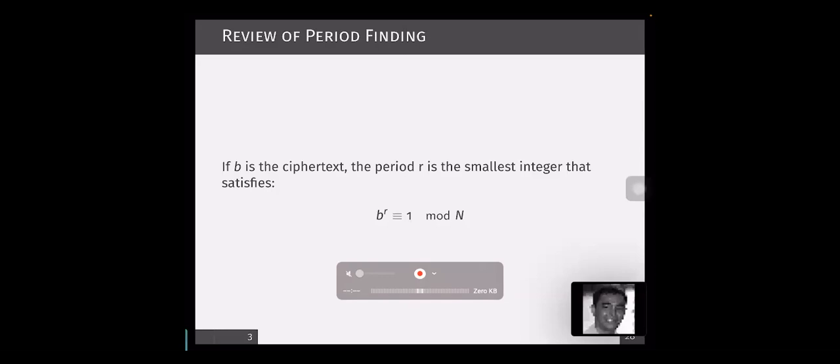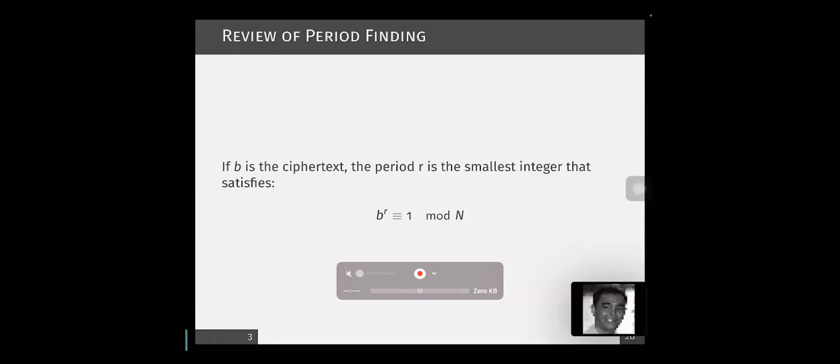Now we'll go to the next slide, which is the review of period finding. If you don't know the private key, then there is still a way for you to crack the RSA encryption, and that is by finding the period, because the only thing available to you is the public key.